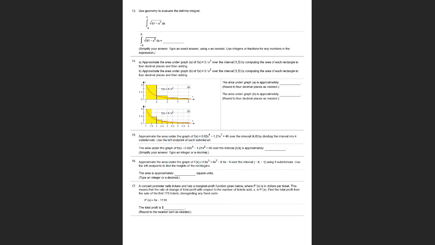Number 16 is another approximate the area using 5 subintervals.